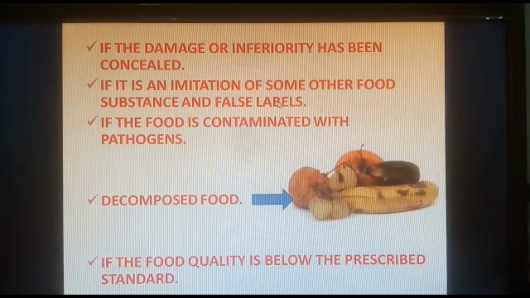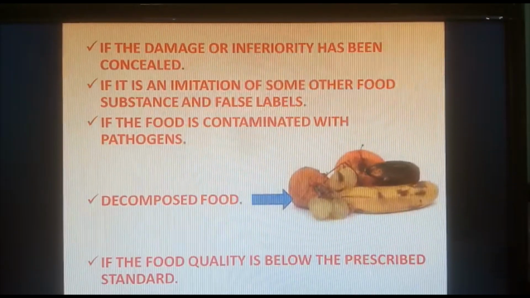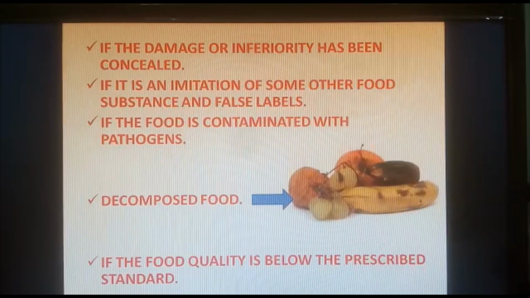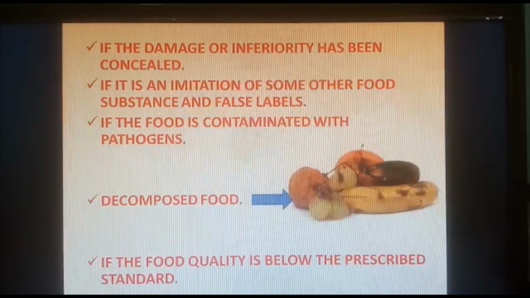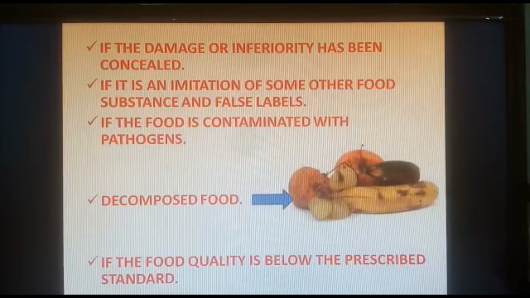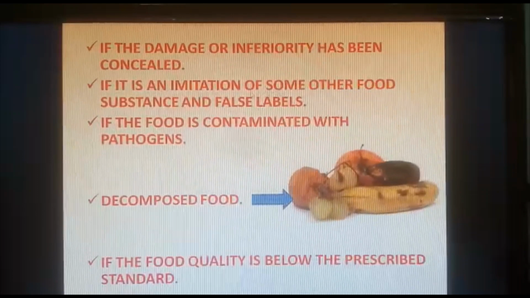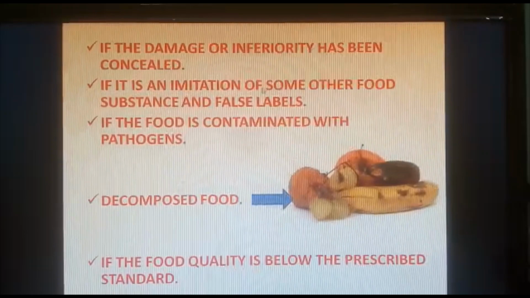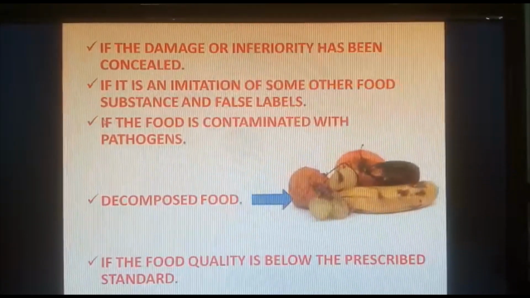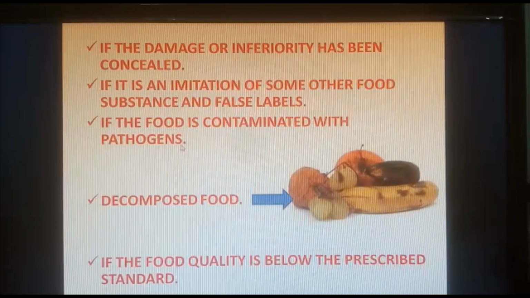Labels means where all the information is present regarding the product: manufacturing date, expiry date, manufacturer address, name of the manufacturer, okay, ingredients used, then nutritive value of the product, okay, all information is to be given in the label. In case the label is not proper, if there is any kind of misleading label, okay, that means that product is considered adulterated.